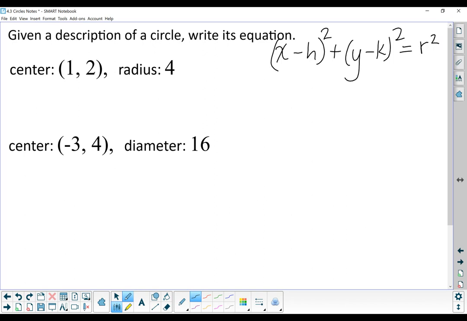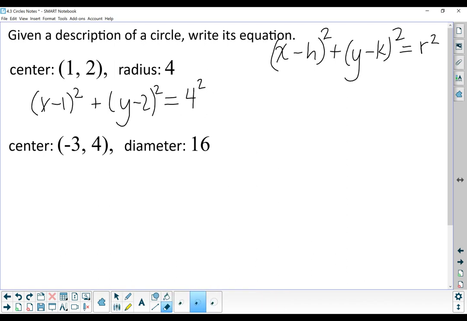So sometimes I think it helps to remember that your circle equation is based on the Pythagorean theorem to help you remember that all those squarings are happening. So this one would be x minus 1 squared plus y minus 2 squared is equal to 4 squared, but I would prefer you to go ahead and square the 4, so that was going to be a 16.